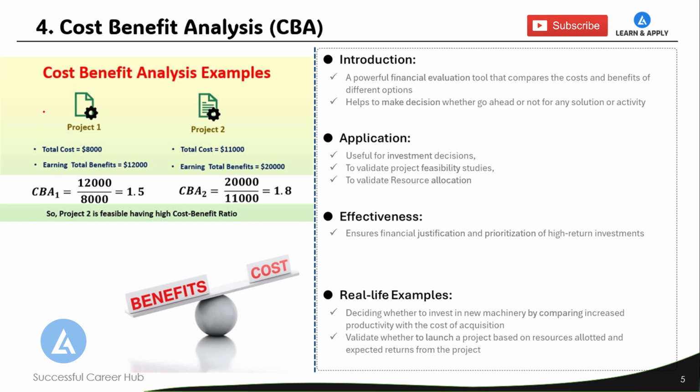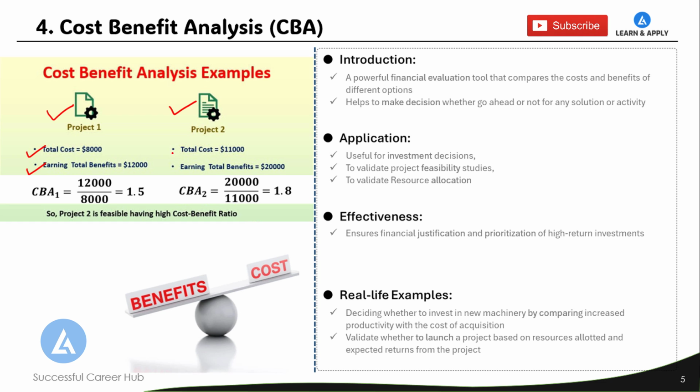As a part of example, let's say we have two projects, and out of these two projects we need to select the one. To take this decision, cost benefit analysis is going to help us. Let's say for the project 1, the total cost is $8,000 and the expected total benefits from these projects are $12,000.